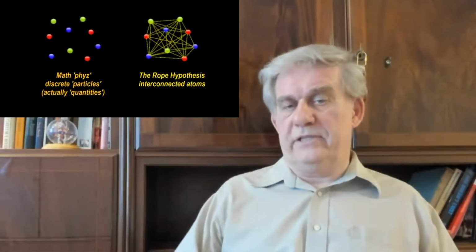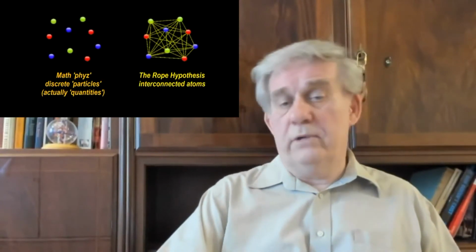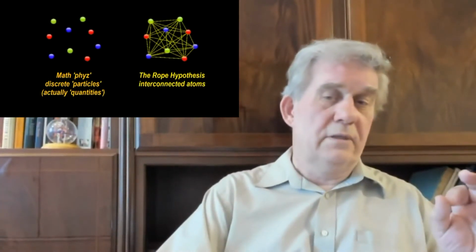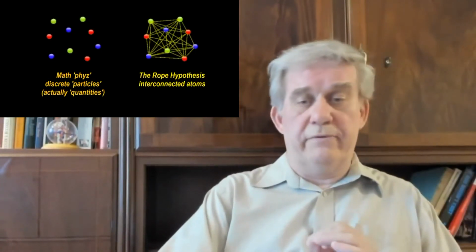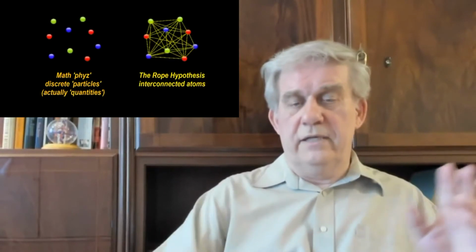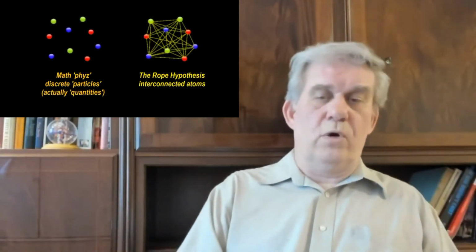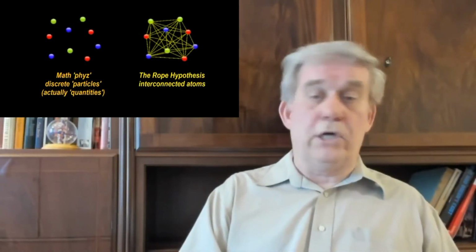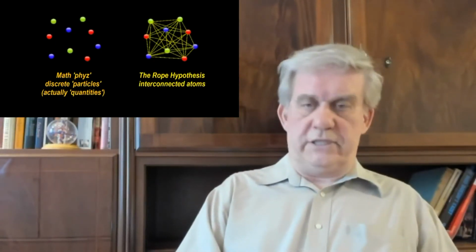The Rope hypothesis differs from what I call the particle hypothesis, which, to make matters worse, is not really about particles. The word particle means something different in mathematical physics. It's used as a little ball whenever they want to illustrate the physical interpretation, but when you push these people against the wall, they'll deny it and say, well, it's not really a little ball as you would think, a corpuscle, as Newton thought about it. It's a quantity.